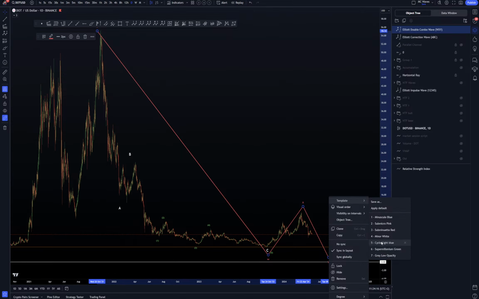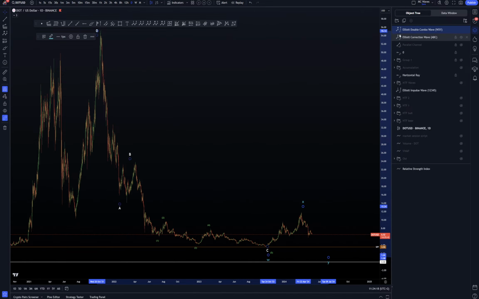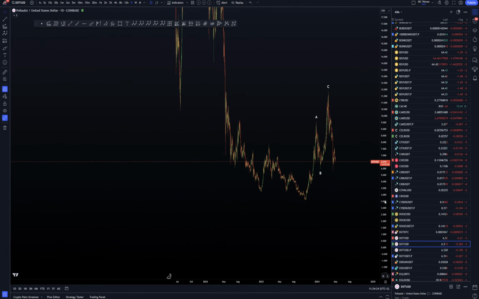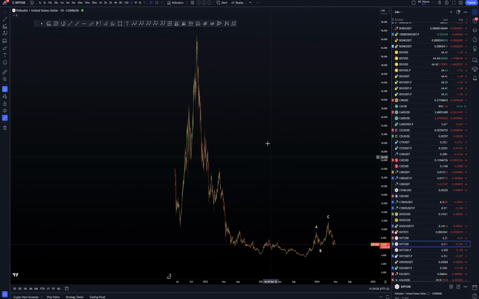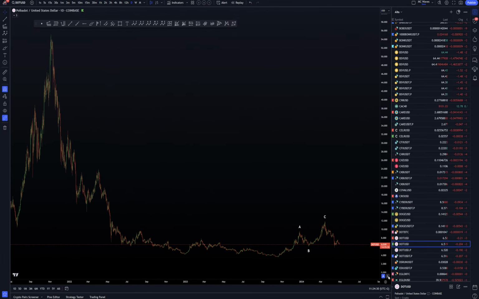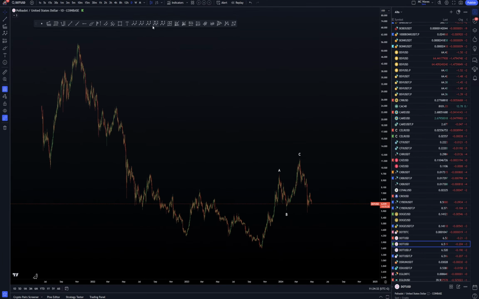I'm not going to lie, this is a really crazy WXY. But well, let me just place this on the good. Let's do this here too. So A, B, C.